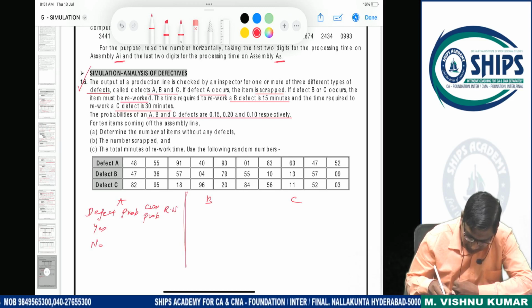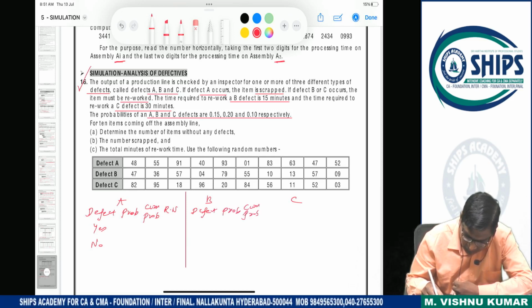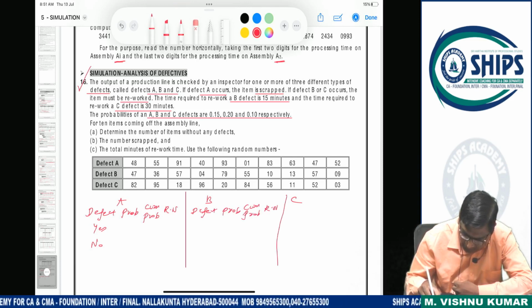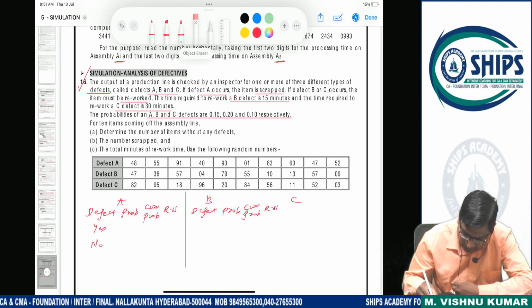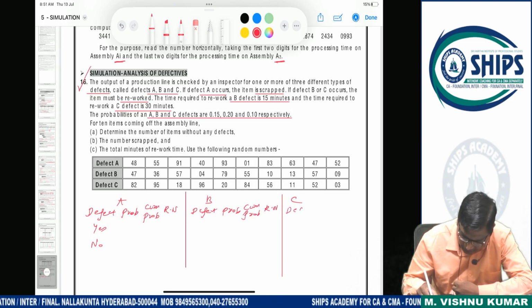This is for A. Now B also: defect, probability, cumulative probability, random number. Now C also. This is a rough explanation. Anyhow, we will solve this question, don't worry.